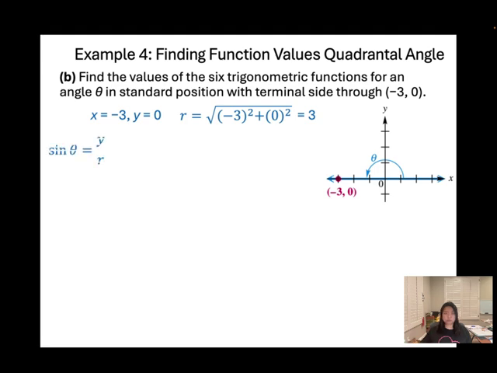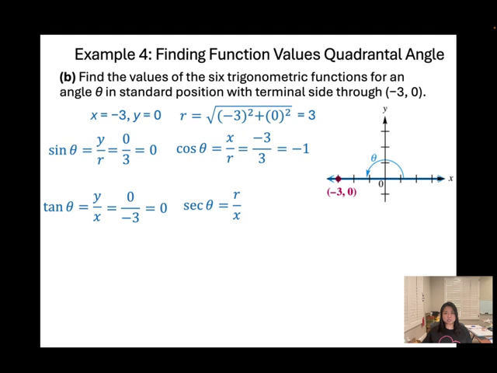Okay, check your work. Sine is y over r. So that will be 0 over 3, which is going to be equal to 0. Cosine is x over r. That will be equal to -1. Tangent, 0 over -3. So this is 0 again.